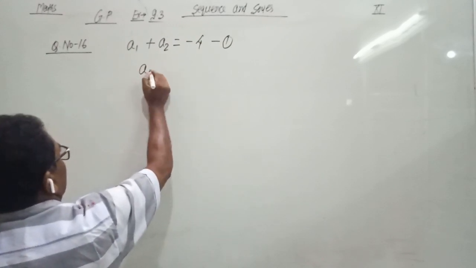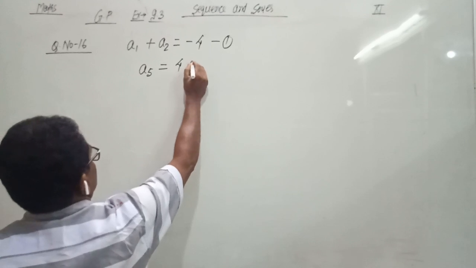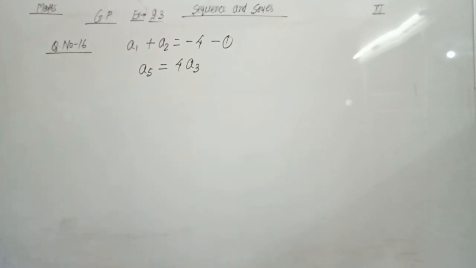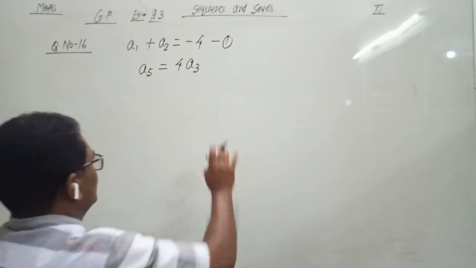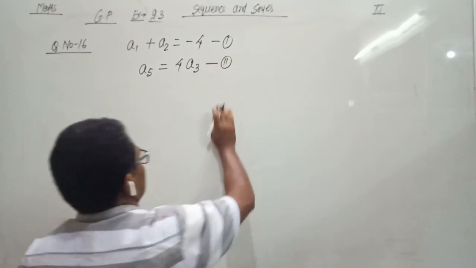The fifth term equals 4 times the third term.